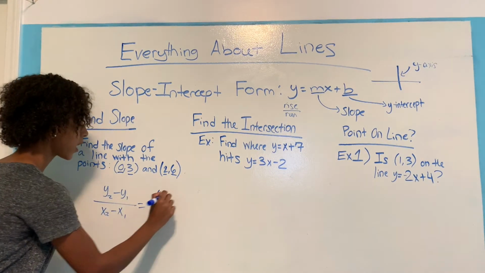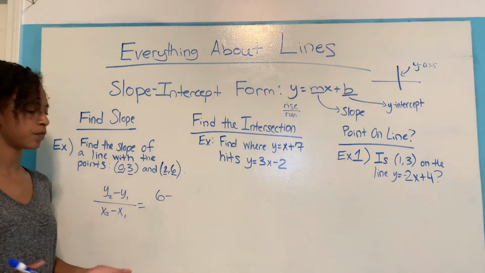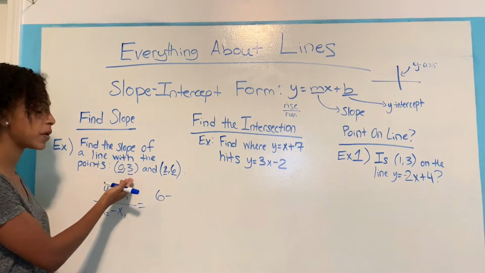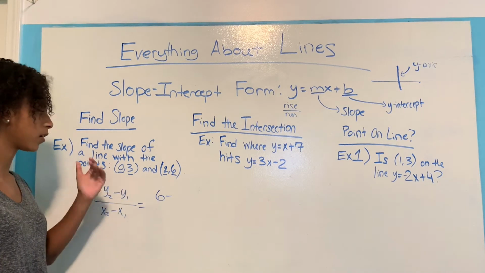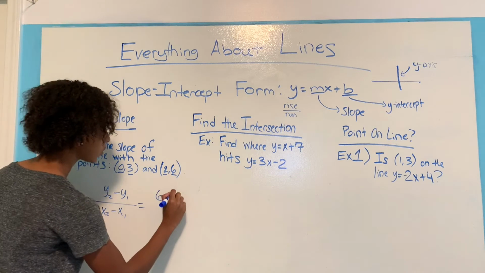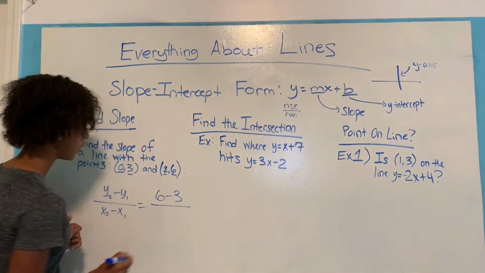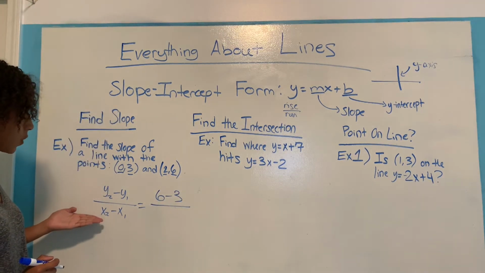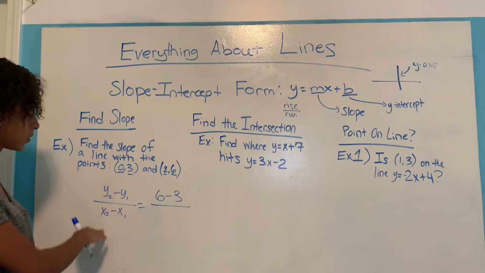Then you subtract the y of the first ordered pair, which would be 3 in this case. So it's 3, then you have it over the second x.